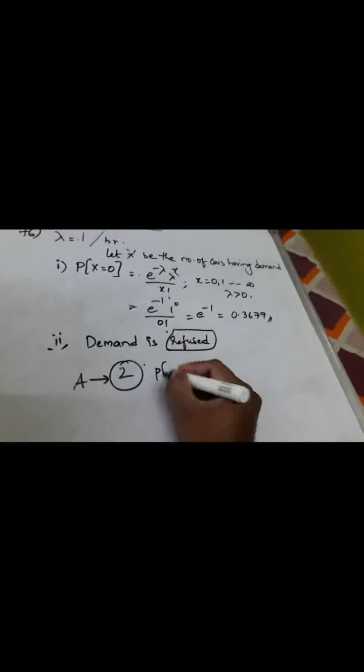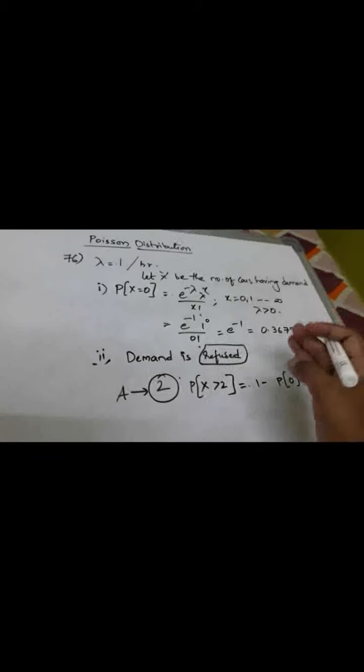So when demand is refused, what is that? Greater than 2. When greater than 2, the demand will automatically be refused. So greater than 2 means 3, 4, 5, 6 and so on up to infinity, n number, but not a fixed one. Remember, P of x equals to 0, P of 1 plus P of 2, because greater than 2, greater than or equal to means these 2 should not be taken. Now greater than 2, write down this.